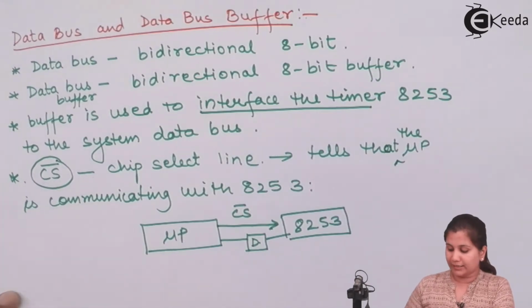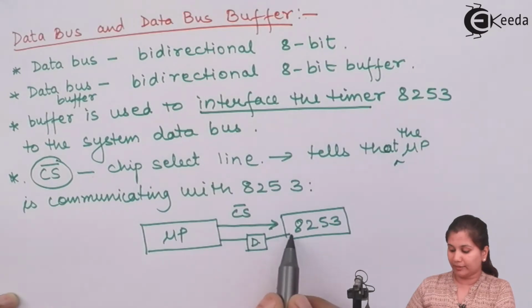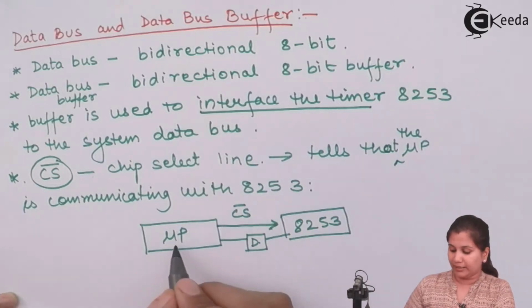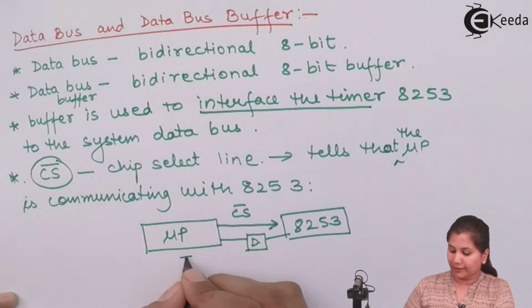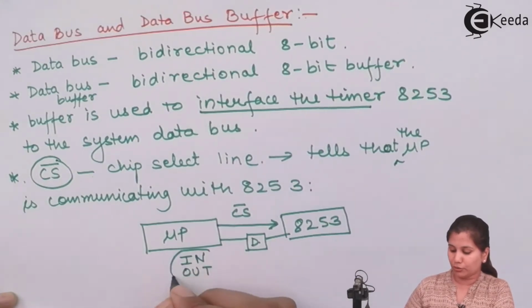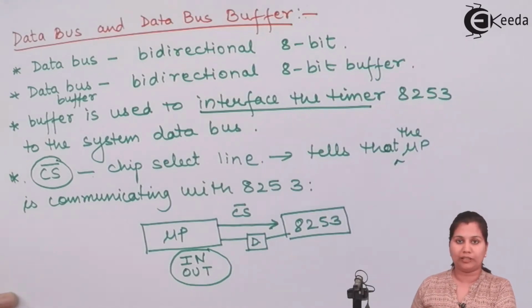So we can say that this data buffer is controlling the transmitting and the receiving of the data between 8253 and microprocessor. Now when the data is transmitted by the microprocessor by the IN and the OUT instructions, these instructions are used to transfer a data byte or to receive a data byte from a peripheral device. Peripheral devices are the input output devices.